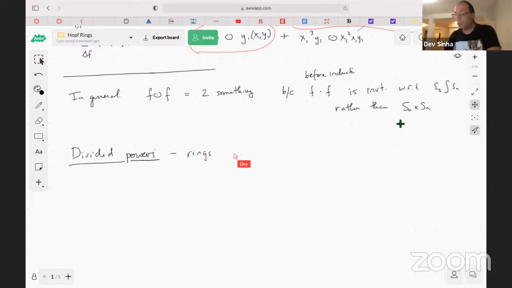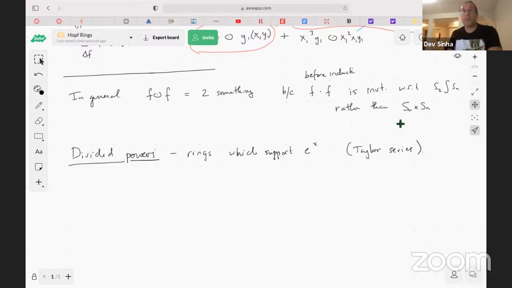It's rings which support the Taylor series for e to the x, which means that for any x, I've got an x squared over 2 factorial, x cubed over 3 factorial.